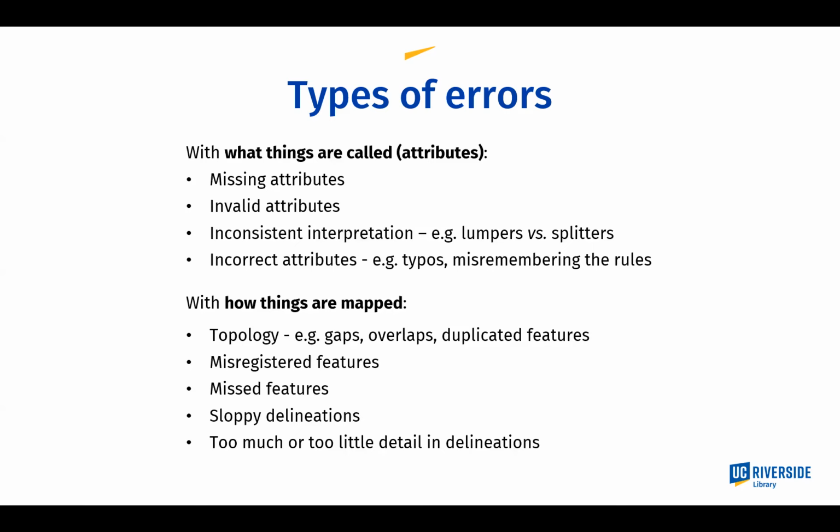I can get 2 different polygons out of this if I draw my line carefully enough. Neither one is wrong, but over the course of the whole map, you would almost be able to tell which person interpreted which area because of the differences between lumpers and splitters. And hopefully before you deliver the product, you want to get that sorted out and taken care of.